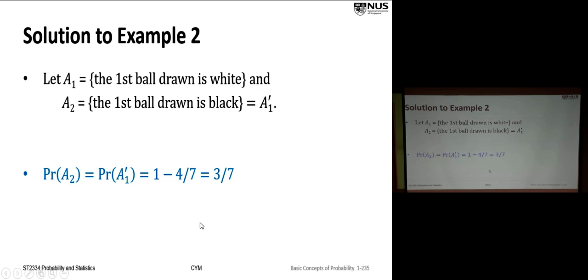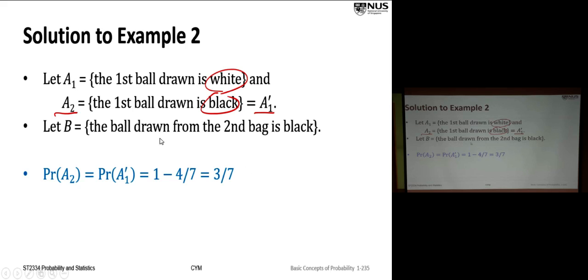Let A1 be the event that the ball drawn from the first bag is a white ball, and A2 that the first ball drawn is a black ball. Because there are only two types of balls, white and black, A2 is basically A1 complement. Let B be the event that the ball taken from the second bag is a black ball.